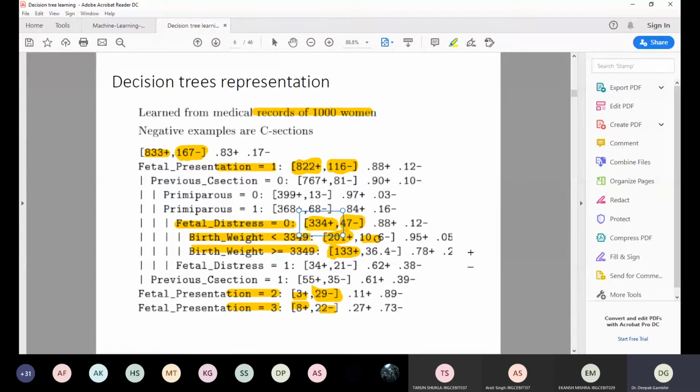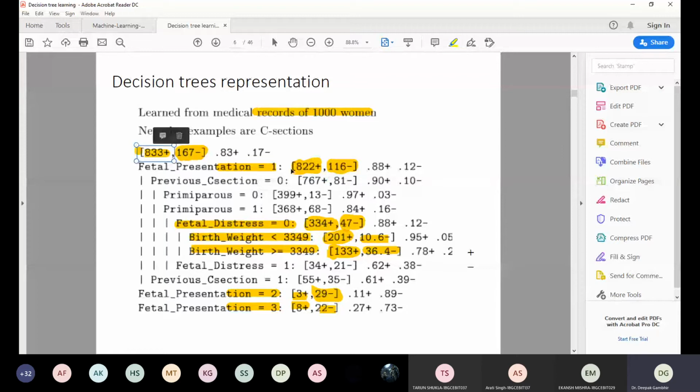Similarly, for the negative ones, 10.6 negative examples and 36.4 negative examples with the birth weight more than 3,349. So my point is that this is just a representation of the decision tree, and in this decision tree, whenever you combine them up from each node, the resulting output would be the combination at the top node.